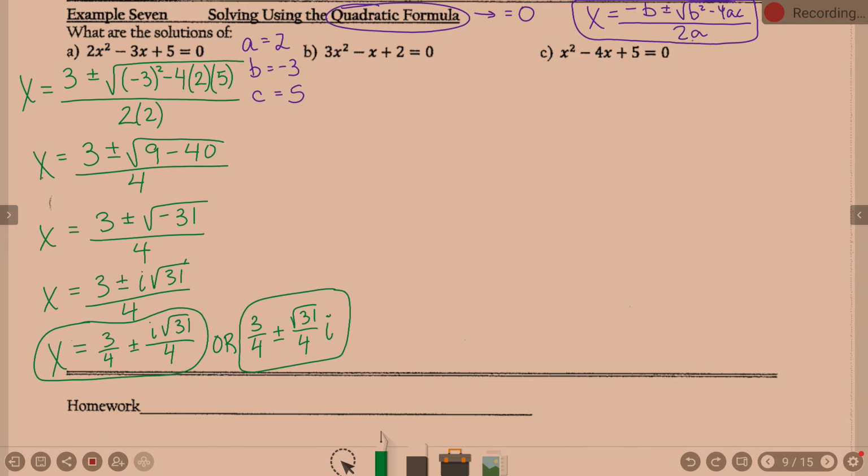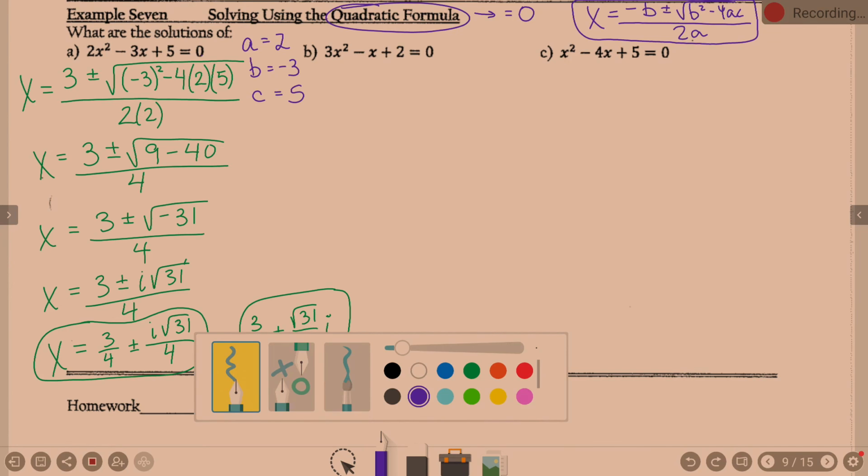Okay. I wanted to do one more quadratic formula. I want C because I know there's some reducing at the end I want to talk about. So can we go through C real quick? What's your first question to yourself? Does it equal 0? Yes.